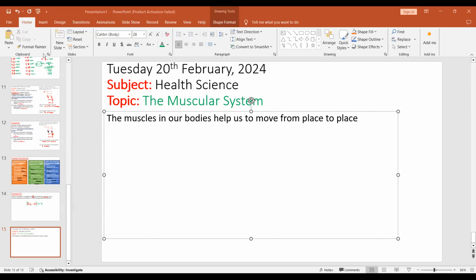It helps tremendously with movement, as well as moving substances throughout the body.